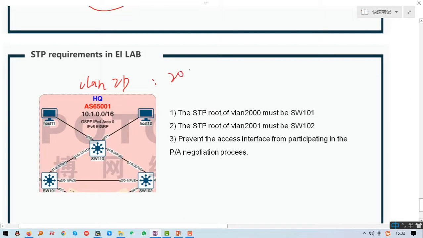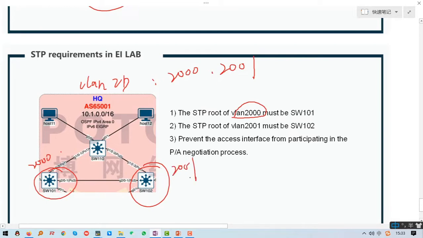It includes VLAN 2000 and VLAN 2001, and EILab requires that the STP root of VLAN 2000 must be switch 101, and the STP root of VLAN 2001 must be switch 102, and we must prevent the access interface from participating in the PA negotiation process.